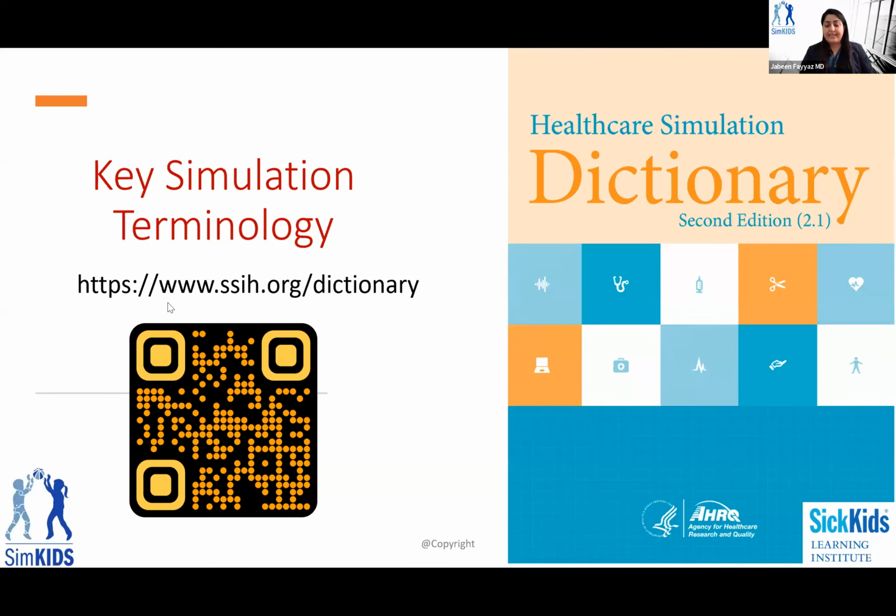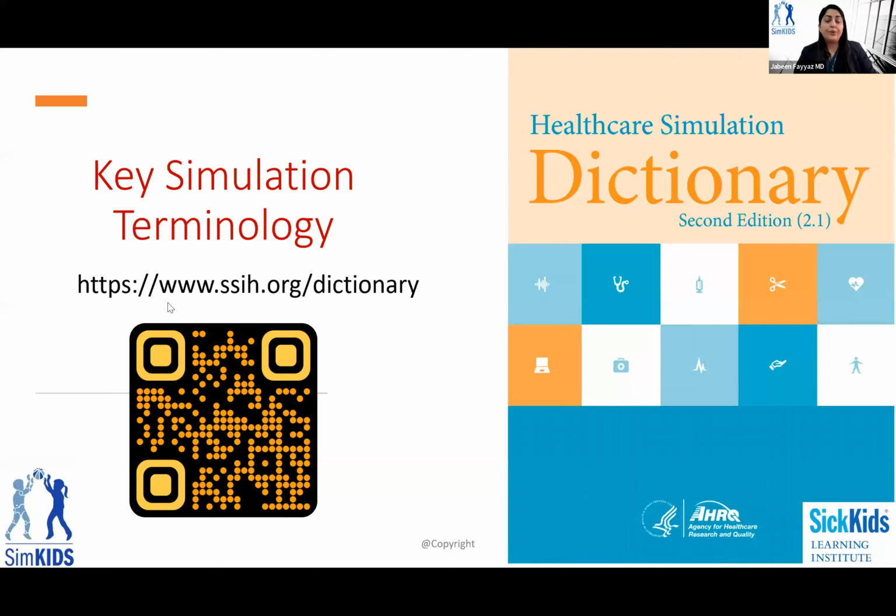Those who are interested, I would like to tell them that there is a whole huge theory and science behind it. The Society for Simulation in Healthcare has released this second updated version, the 2.1 version, second edition of the Healthcare Simulation Dictionary, where you can find their terminologies and their actual meaning.